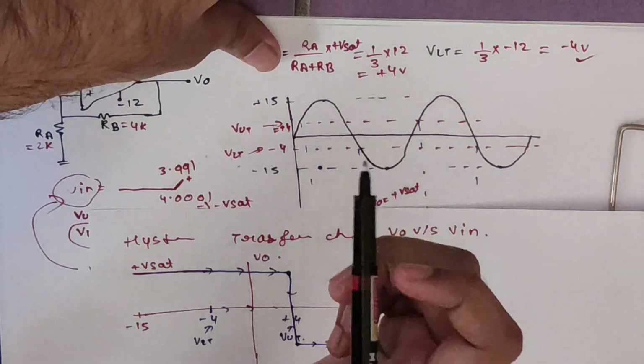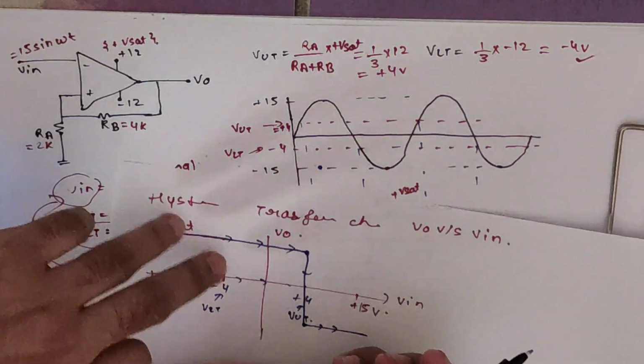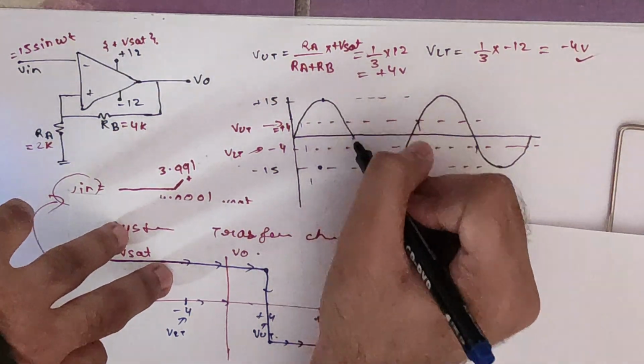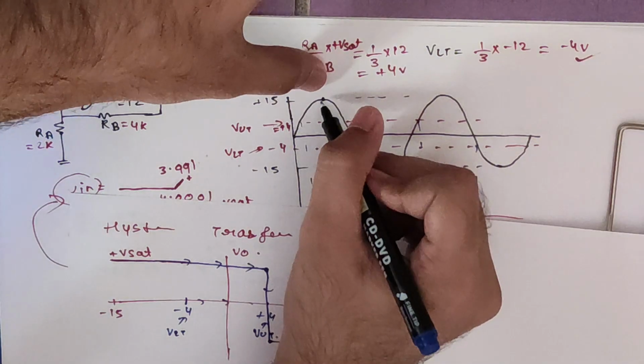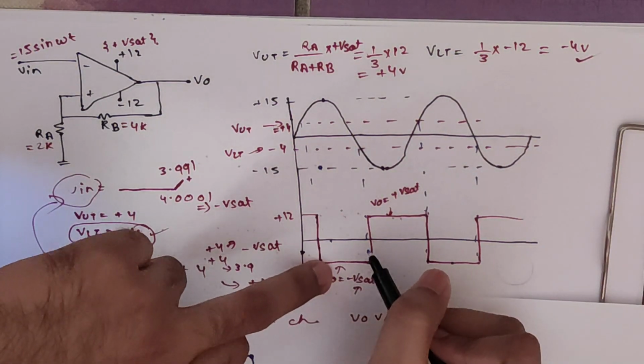Now let's see the decreasing journey of our input voltage. For that we will see this curve. At plus 15 volt, you can see we have minus Vsat at the output.